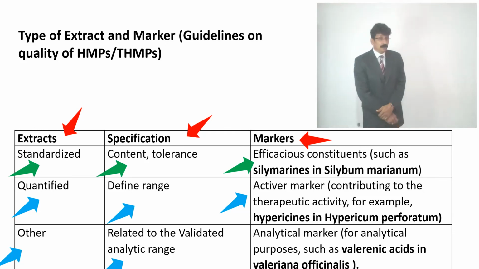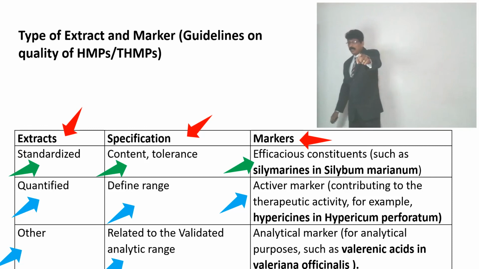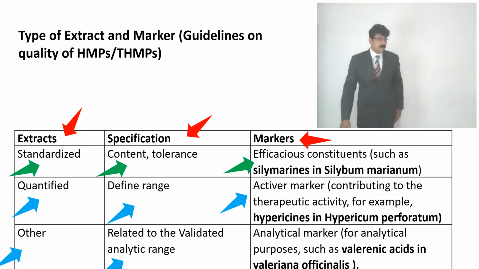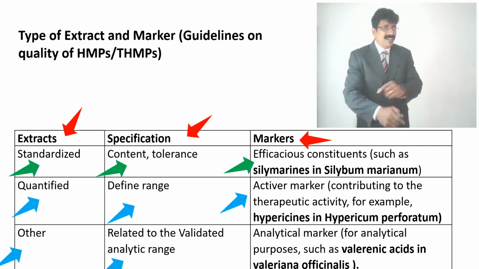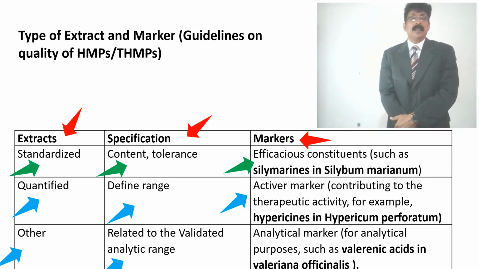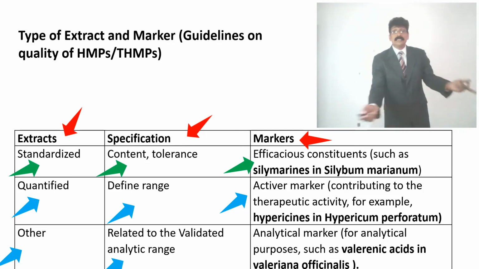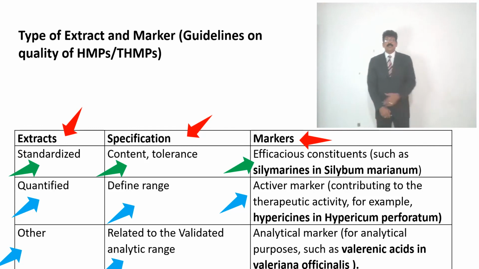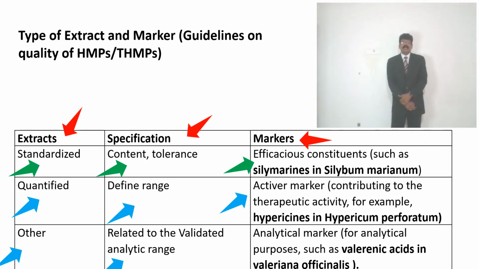Do you remember? In that only we have given these specifications. Please have an idea where we are. And related to that, others is the third category, related to a validated analytical range.